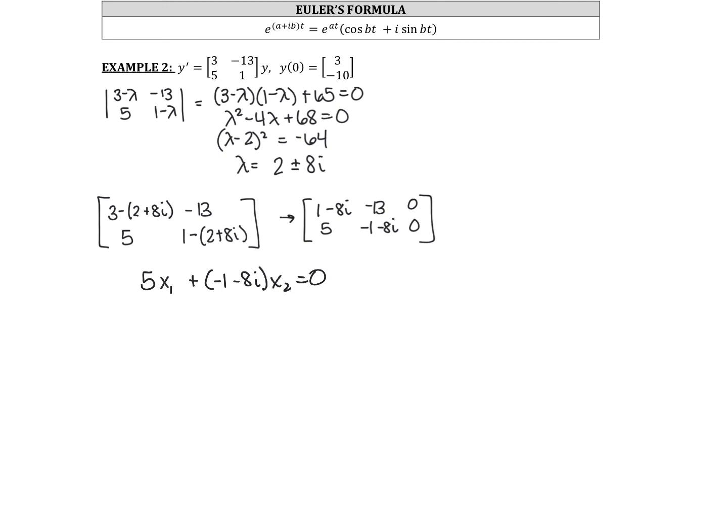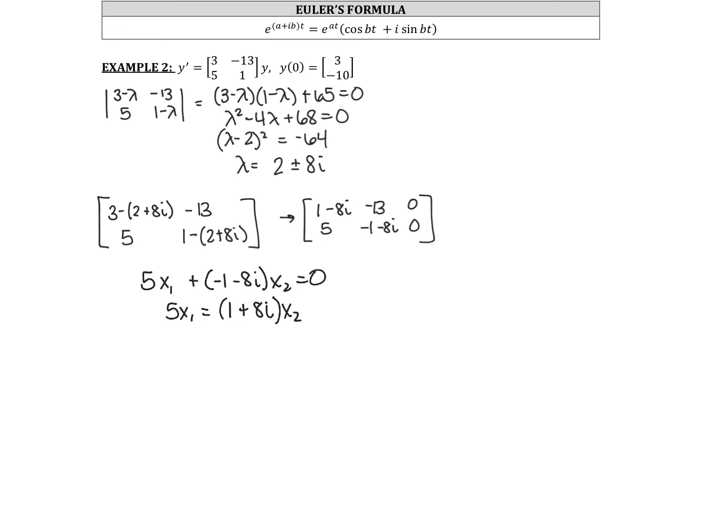And if I move everything over, we would get 5x1 equals positive 1 plus 8i x2. Just changing the signs. It'd be minus all the negatives. May as well just change it.